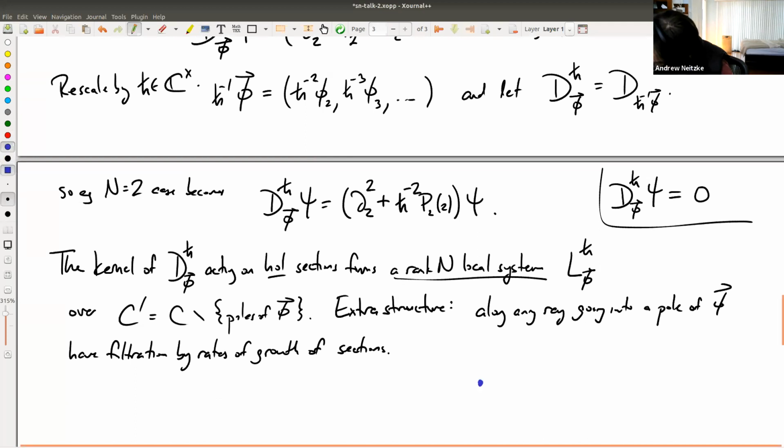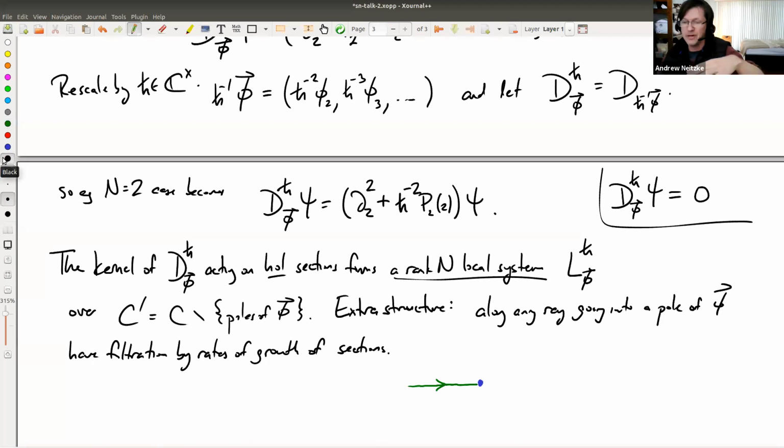You look at a singularity of the equation, then you look at the solutions along some ray, and what you find is that some of them are exponentially growing, some of them are exponentially decaying with different rates. And so you get a filtration on this local system by the rates of growth. And this filtration typically depends on the ray, but in a piecewise constant fashion.